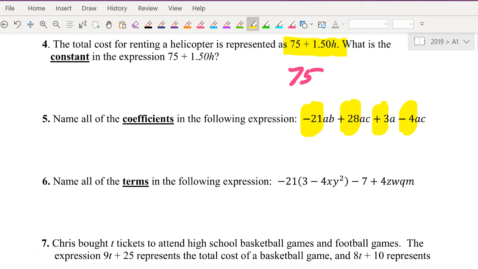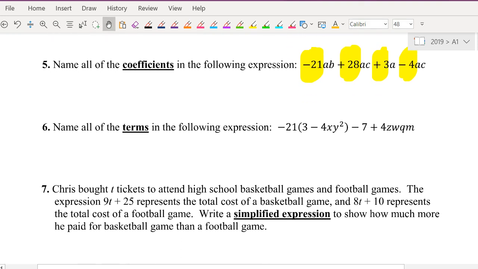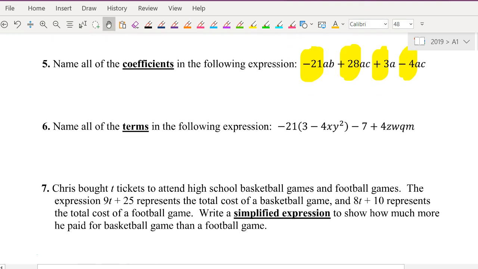Okay, how many terms in number 6? How many? 5. It is 5. Okay, so what's the definition of terms? How can we find them?